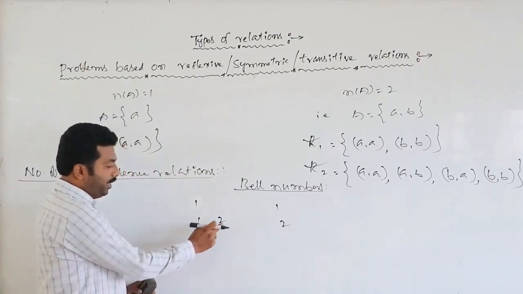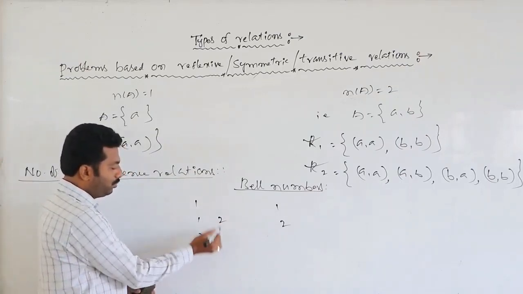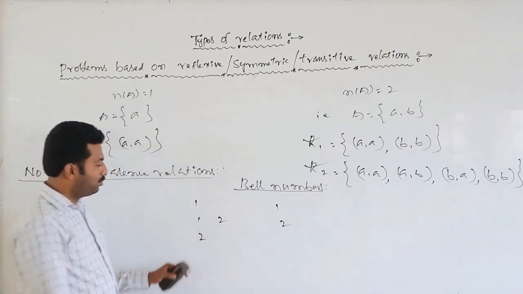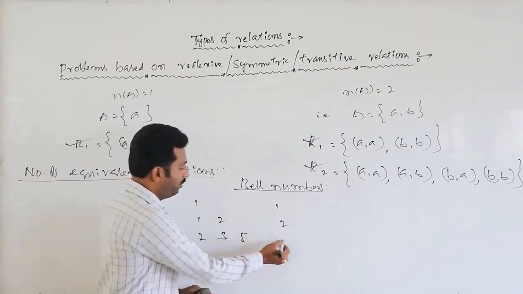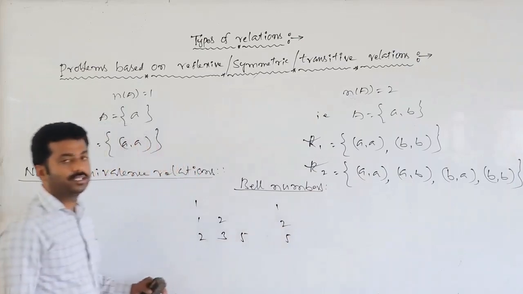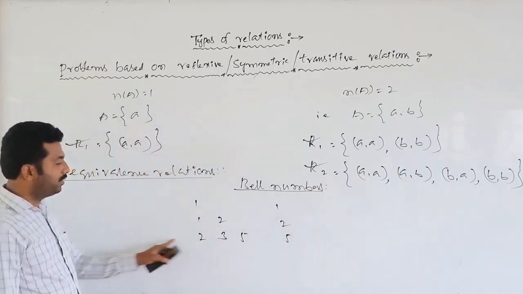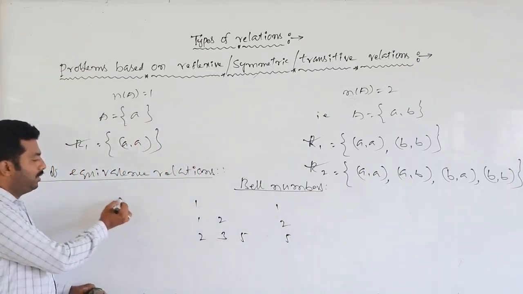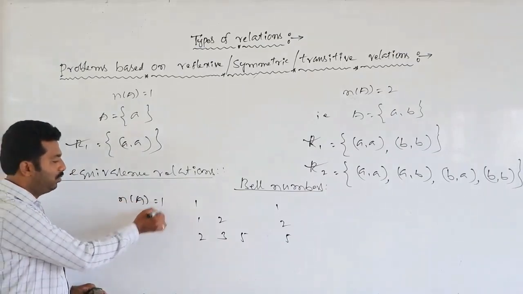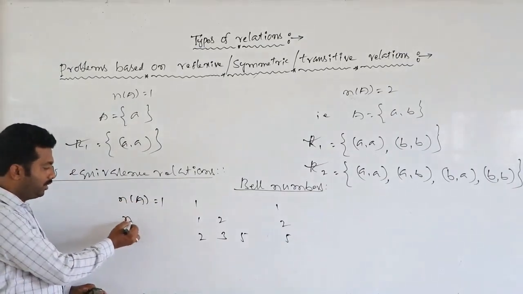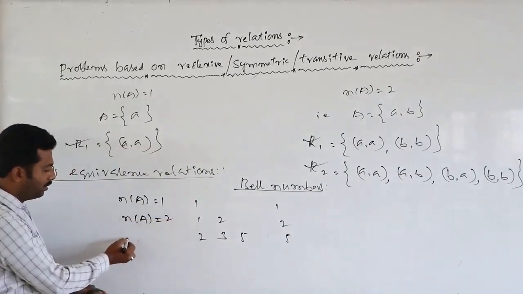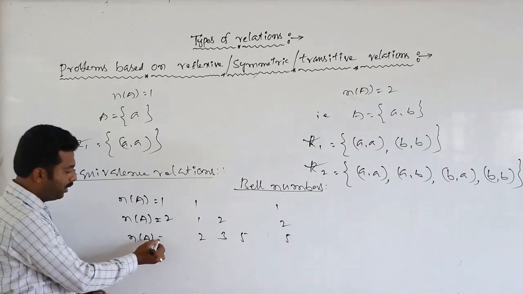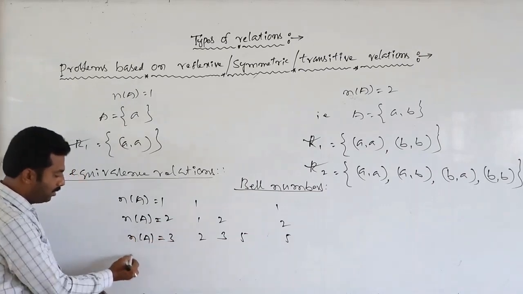Next, here it ends with 2, start with 2. 1 plus 2, 3, 2 plus 3, 5. So 5 equivalence relations are there, meaning A contains 3 elements. This is A with one element, this is A with 2 elements, this is A with 3 elements.